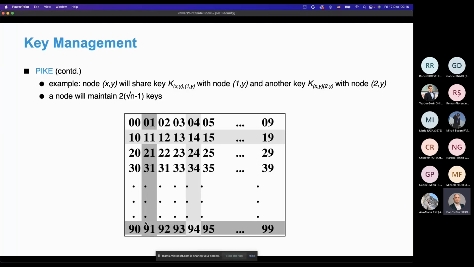Node 91 decrypts the message, obtains the new key, and confirms receipt by replying directly to node 14. So you have a two-hop communication scheme.